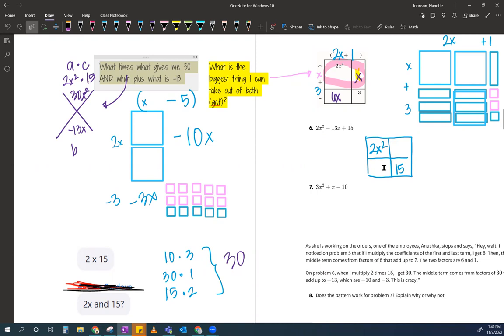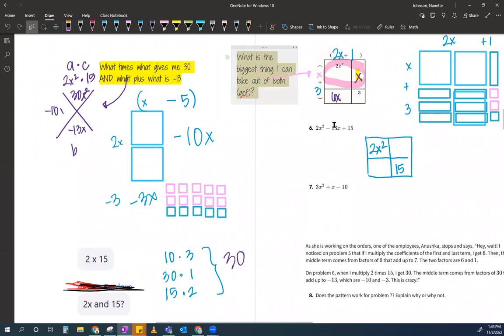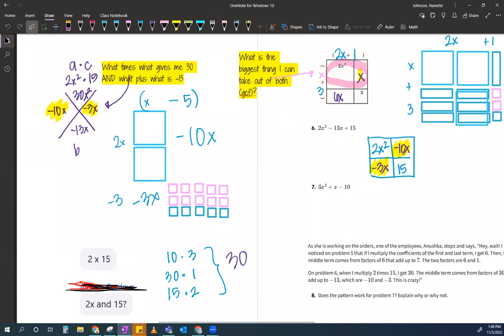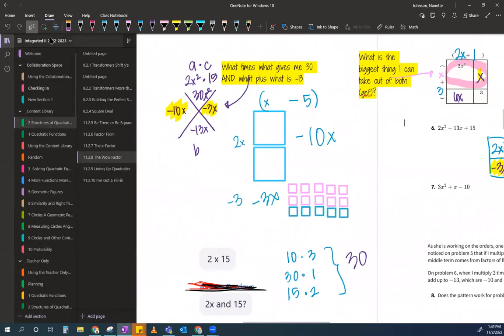Can you guys all imagine that this says negative 10x and negative 3x? And then we're going to do what we asked up here. I'll move this over a little so everything's not crashing into each other. All right, there it goes. It's catching up, y'all. Yay, caught up.